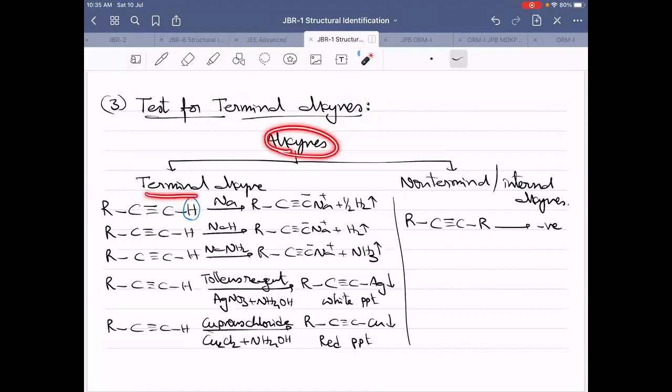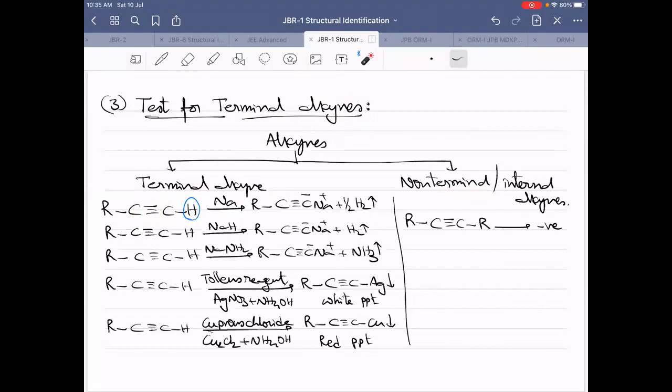Alkynes can be divided into two types, terminal alkynes and non-terminal alkynes. Terminal alkynes means the triple bond will be present at the last position, between the last two carbons, or you can say the first two carbon atoms, depending on which side the numbering is from. Okay? Point is it is at the terminal position, maybe last, first, whatever you feel.